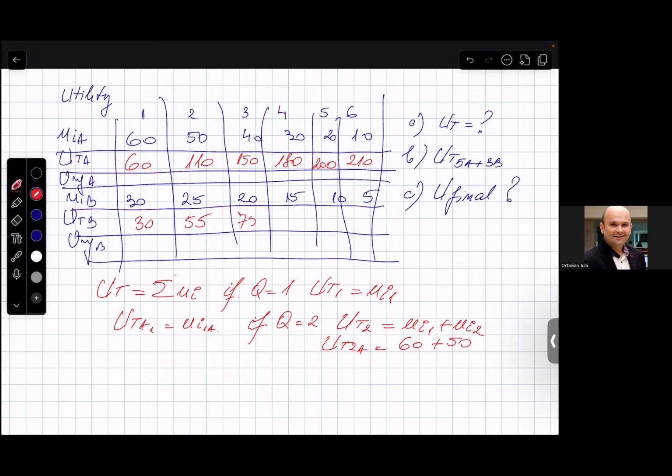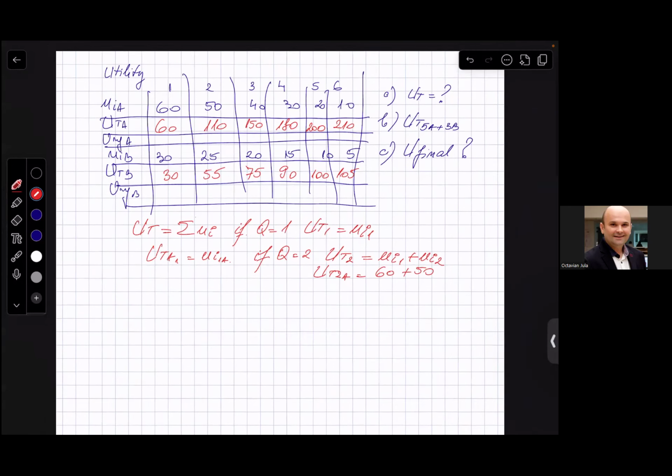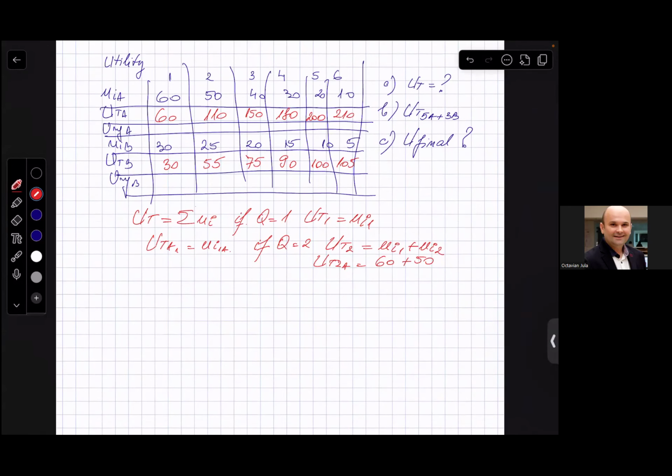And so on and so forth, adding one by one the individual utilities, we find the total utility of each.